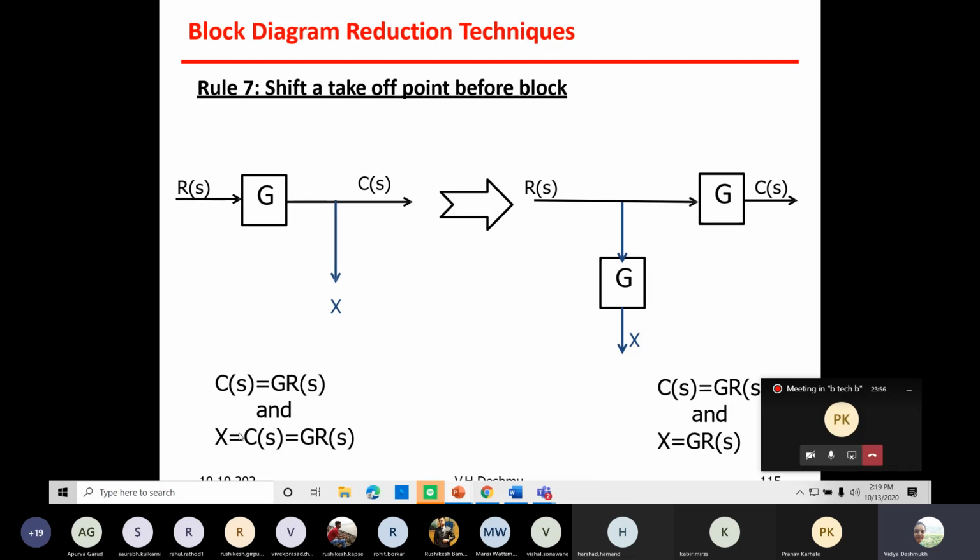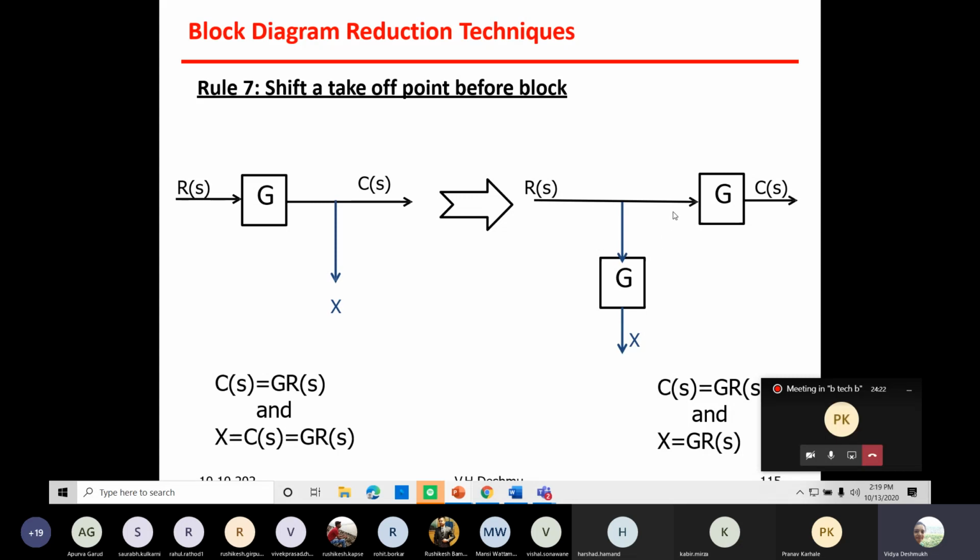X is a takeoff point. By using a takeoff point, we can apply input in the forward direction and also in the backward direction. So here X is equal to C of S, which equals G into R of S.